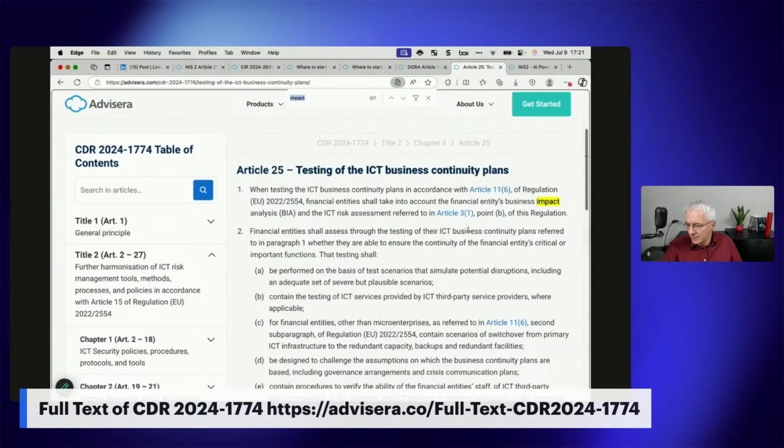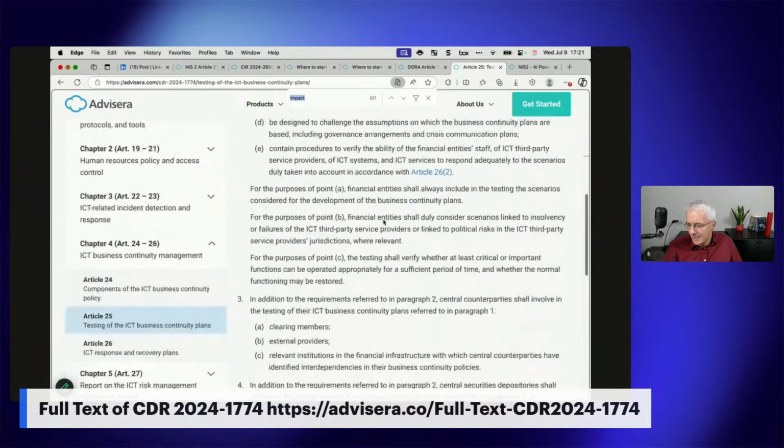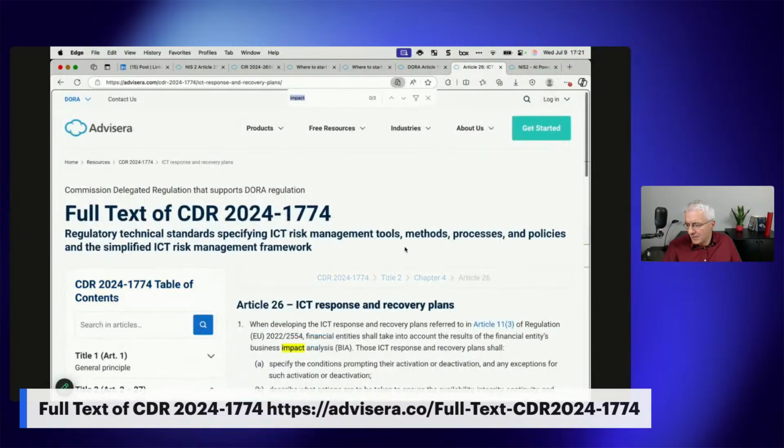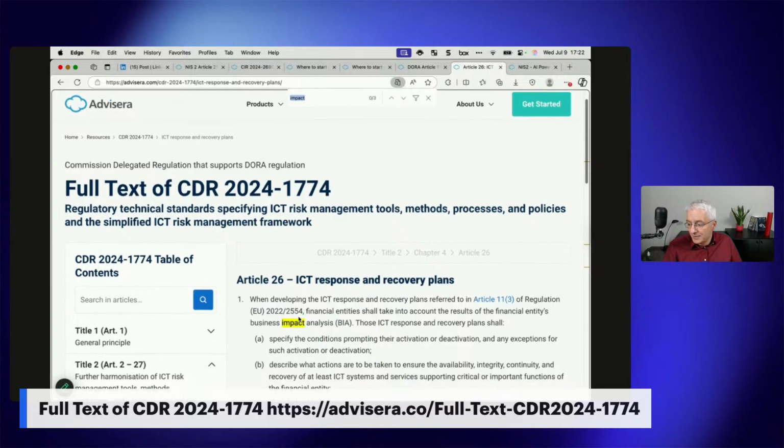In Article 25, again, take into account the financial entity's business impact analysis, but it doesn't give you much more detail. Article 26, again, take into account the results of financial entities' business impact analysis. So this CDR 2024 1774 does mention business impact analysis, doesn't give you detail, but it shows you where you need to use these results.